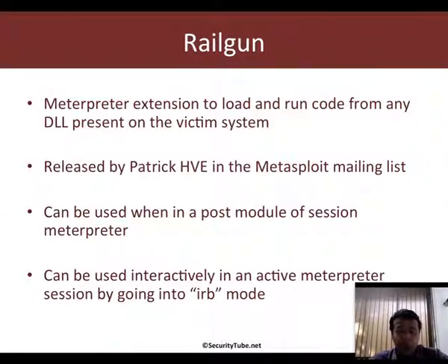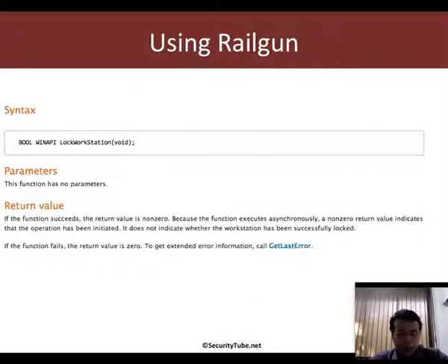So how can you access Railgun? Well, you could either use it in Meterpreter post-exploitation modules or Meterpreter scripts, which is the older generation, or you can go into the interactive IRB mode and use Railgun from that. So let's look at a quick demo of using Railgun.